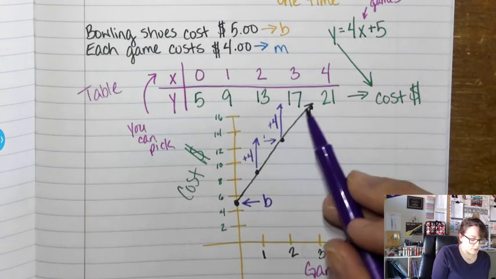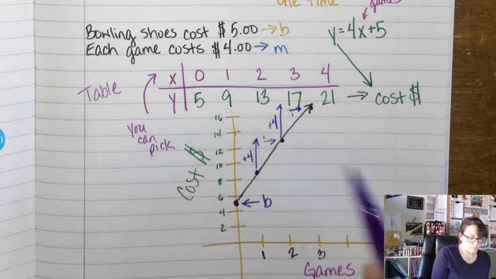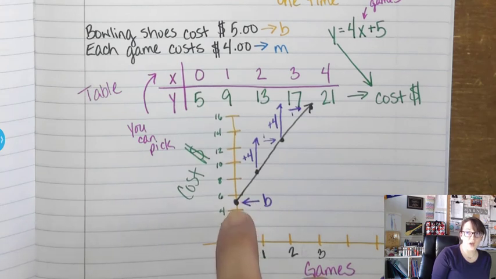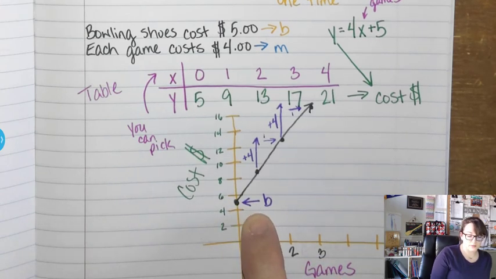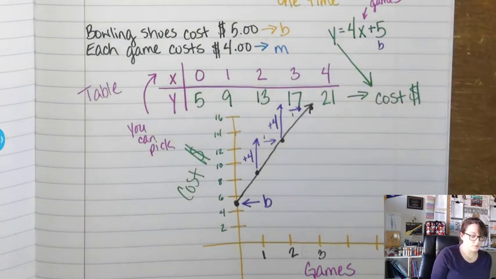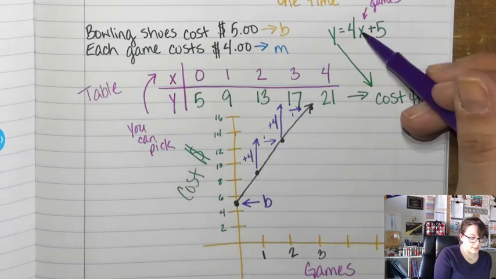So where the graph starts is b, which is here. How much it goes up for each game is m.